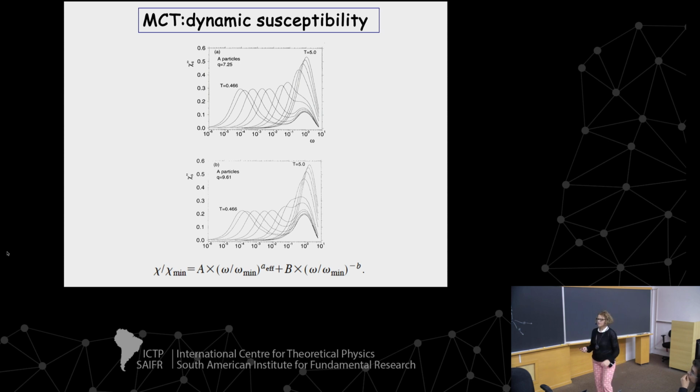And again, since S of Q,t is the Fourier transform of F of Q,t, you can get A and B also from this frequency domain. And you get them from the behavior here and here, okay? So this time you have A on this side and B on this side.